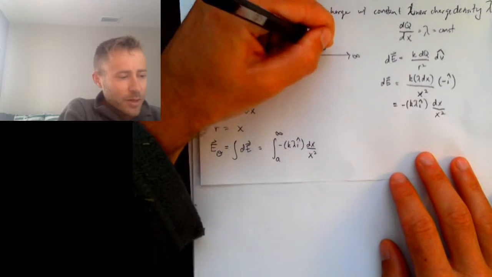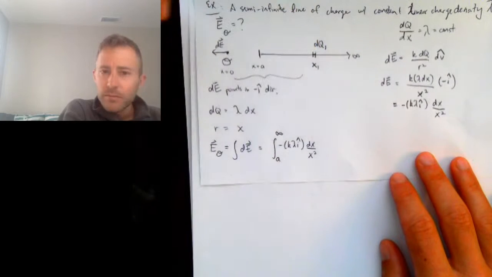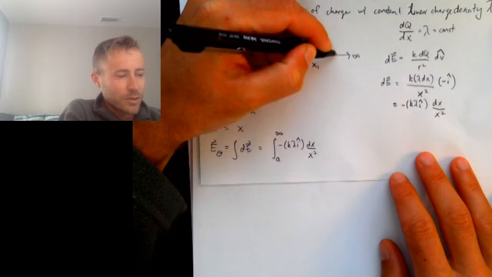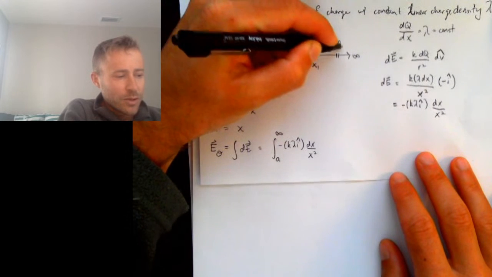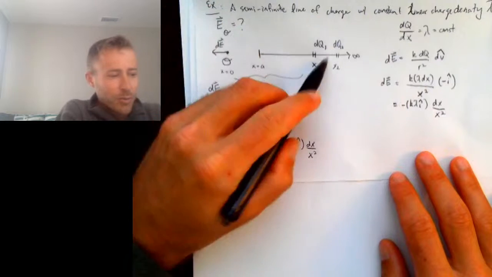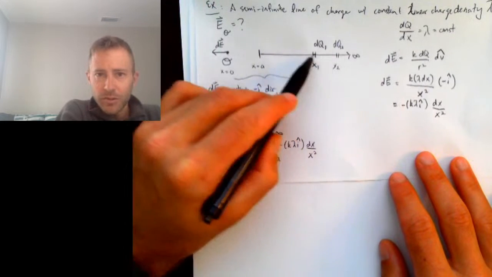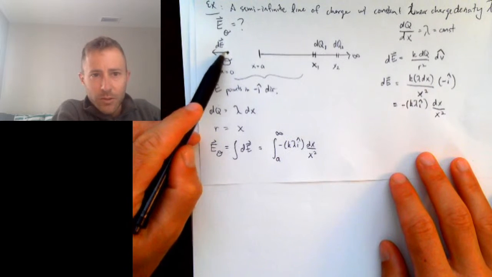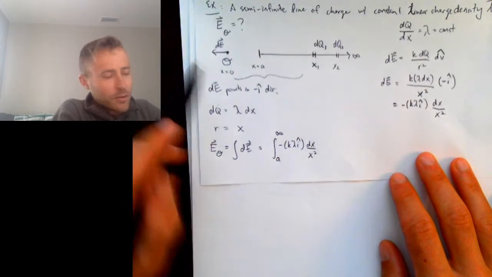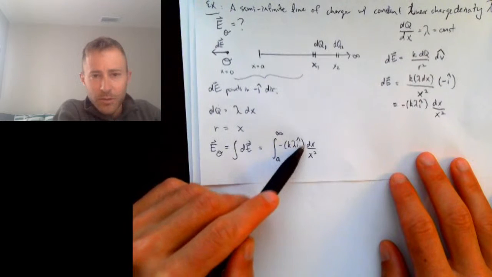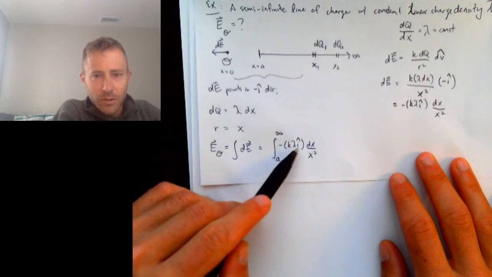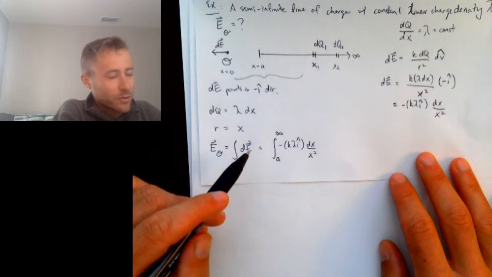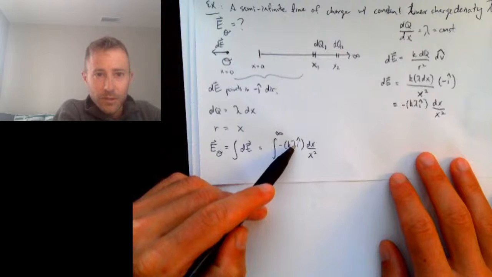Because if I thought about a different piece of charge that's also along the line, so maybe this is dq1 at x1, maybe this is dq2 at x2, I can see that both of these infinitesimal pieces of charge create an electric field that points to the left. So no matter which infinitesimal piece of charge I'm looking at, it's always going to create an electric field in the negative i direction. So that's a constant. So I can factor it out.